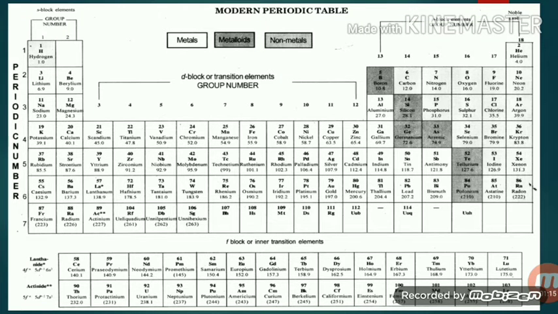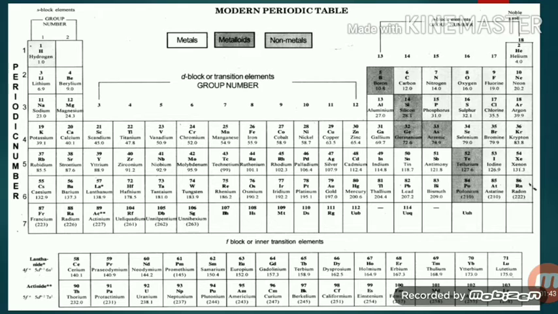So for example, in the first group, hydrogen, helium, lithium, sodium, potassium, rubidium, cesium and francium, there is one valence electron. In the whole group there will be one valence electron. In the second group there are two valence electrons. Like that we will come to know all the valence electrons.